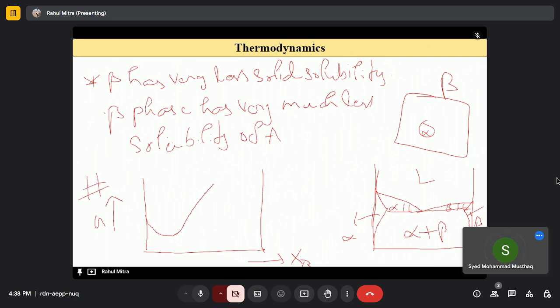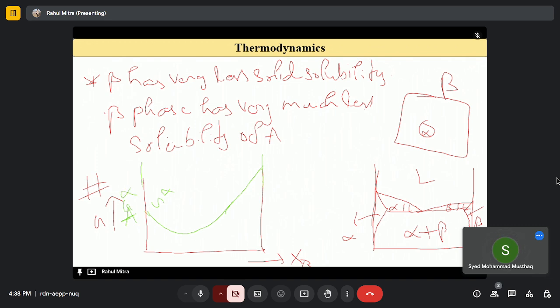This is my G alpha phase, which is my G alpha, the free energy curve for alpha. So it has two extremes. One is the free energy of A in alpha phase.